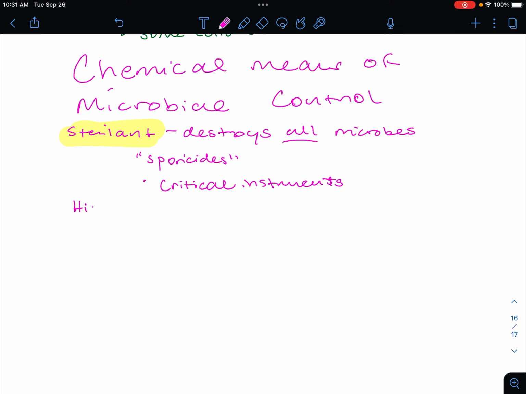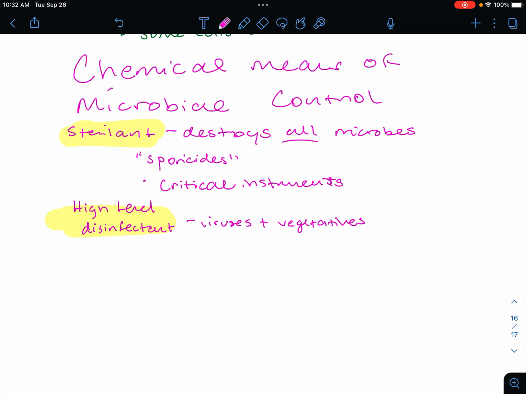Next, we have high-level disinfectant. Remember, disinfectant does not get rid of all the microbes. There are some that are still left afterwards, but we're getting rid of as much as possible. So specifically, the high level will get rid of viruses and vegetative cells.